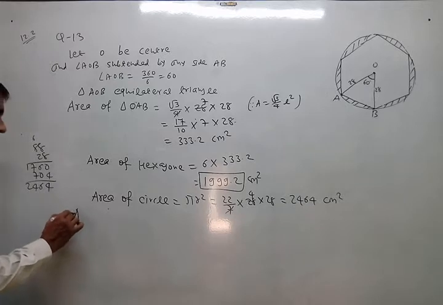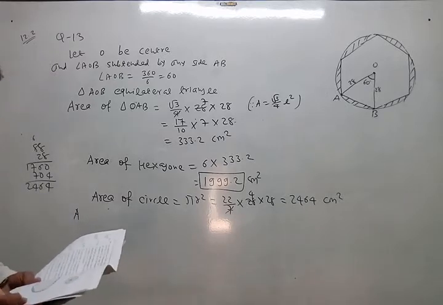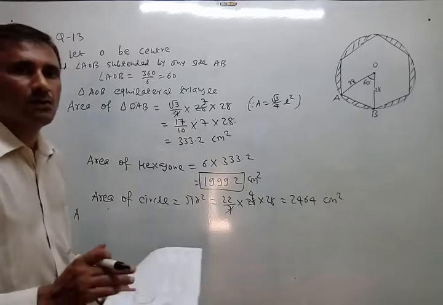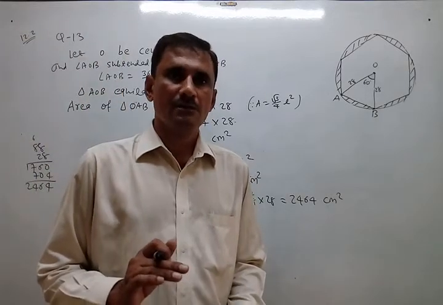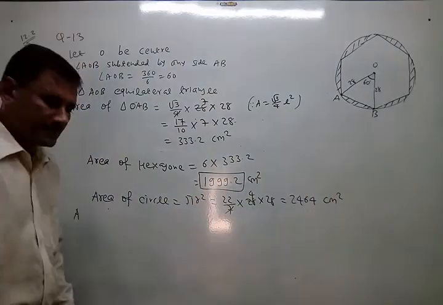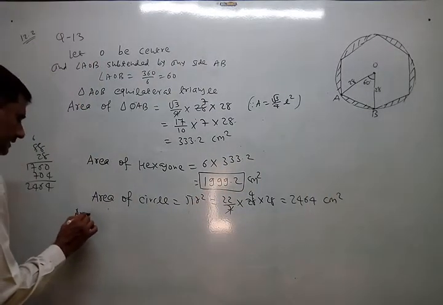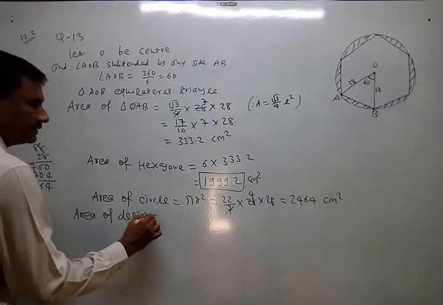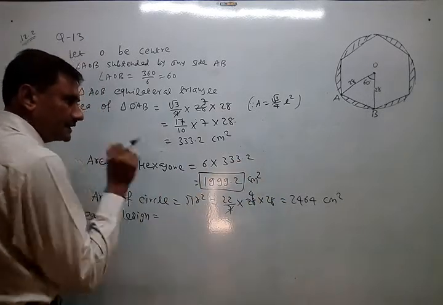So now I can say the required area, or area of design. Find the cost, but before finding the cost we have to find the area. Cost is a later topic. So the area of design, just look at the figure, is area of circle minus area of hexagon.